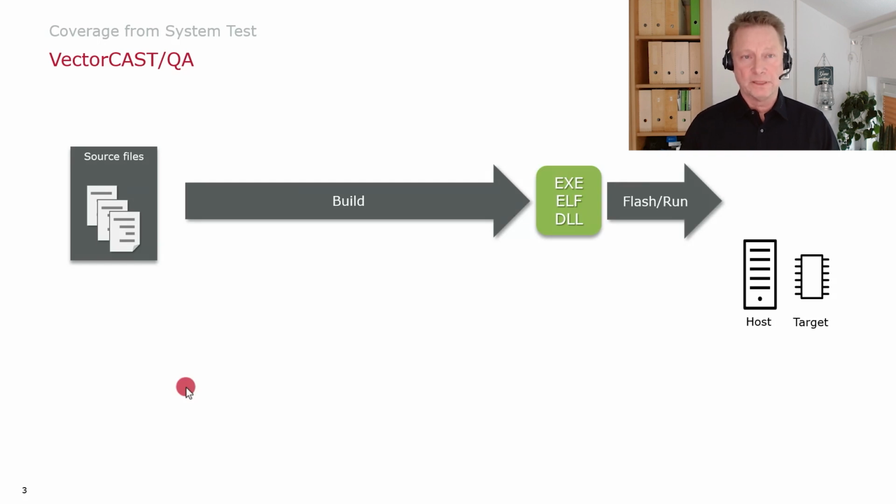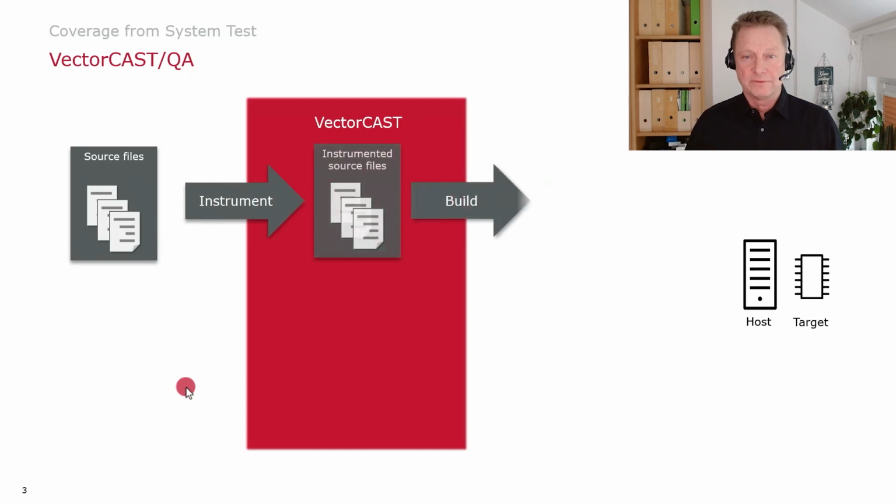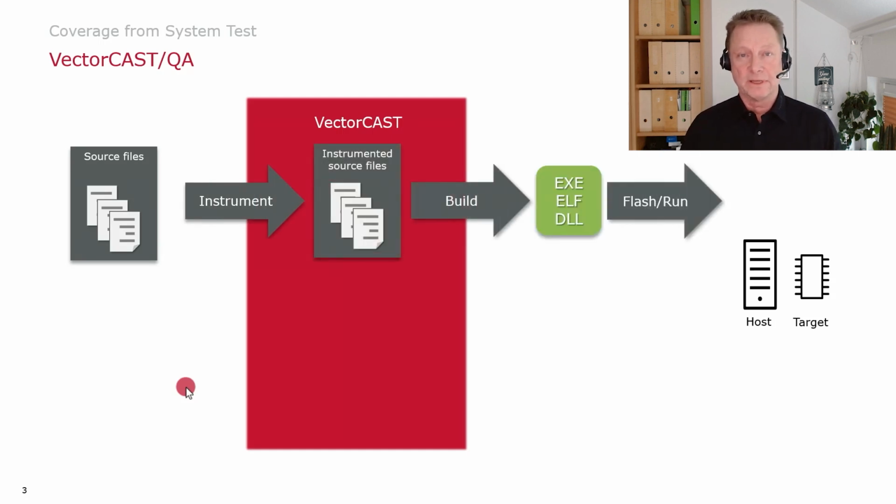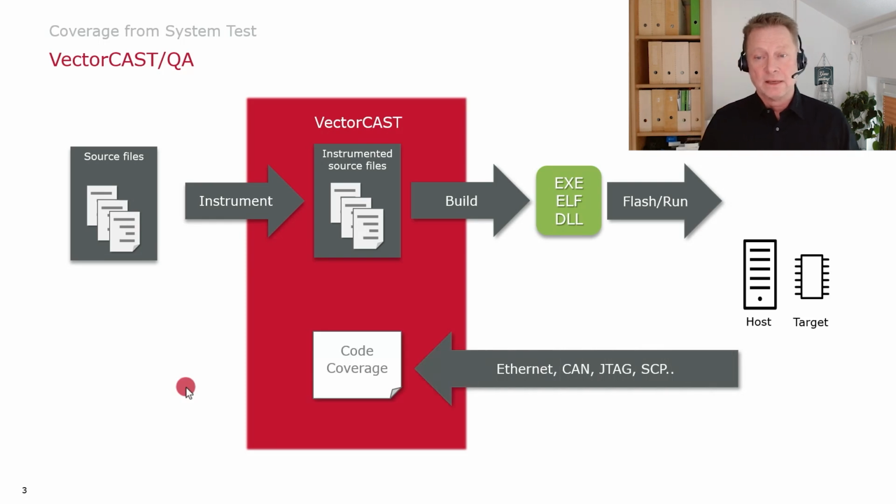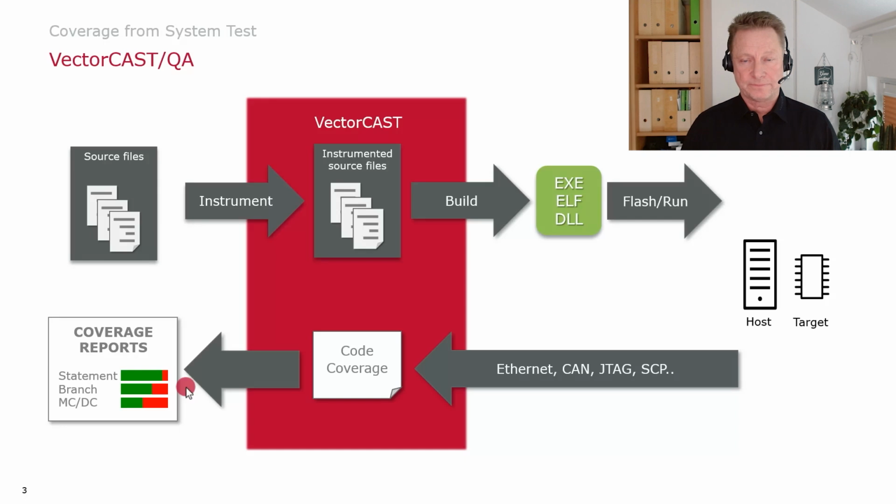In this scenario, we can use VectorCAST QA to instrument the source files before the existing build process picks up the instrumented source files, and we build an instrumented version of the binary. Then after execution of our test cases, we can grab the code coverage and create reports out of those.